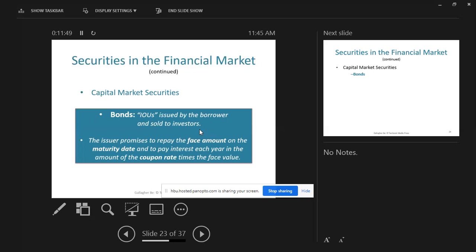They give you fixed income. The interest is already determined. It's written on that contract. So the bond has to mention the maturity date, the face value, and the coupon rate.